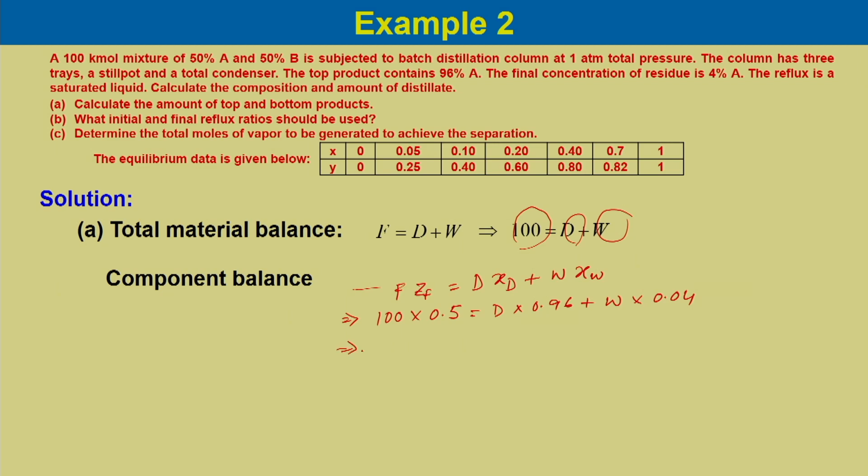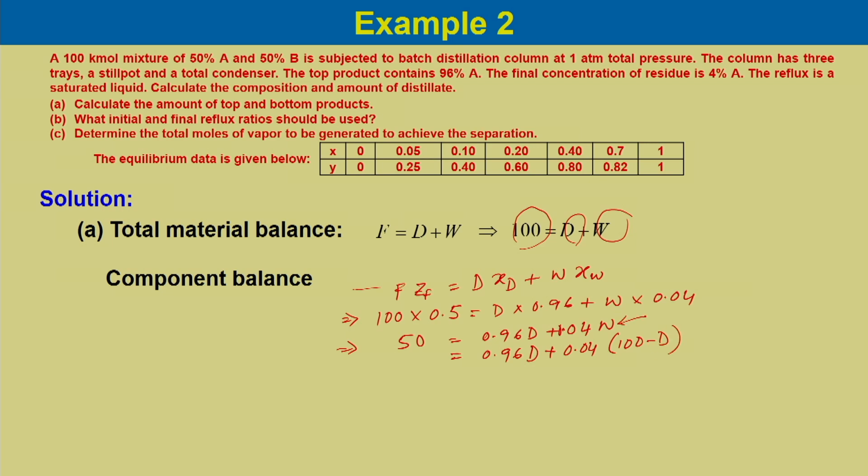Now, this would be 50, which is equal to 0.96 D plus 0.04 W. So, if we substitute from the material balance W with 100 minus D, it would be 0.96 D plus 0.04 into (100 minus D).